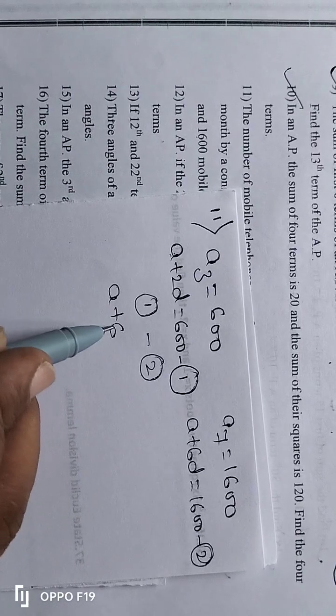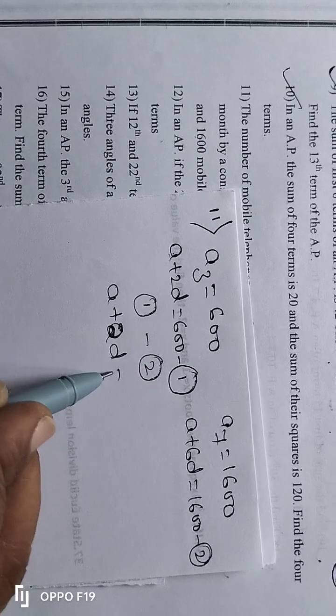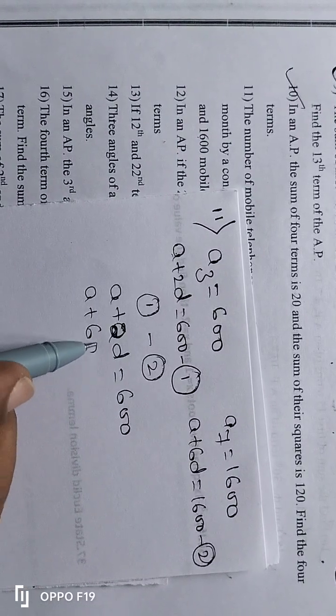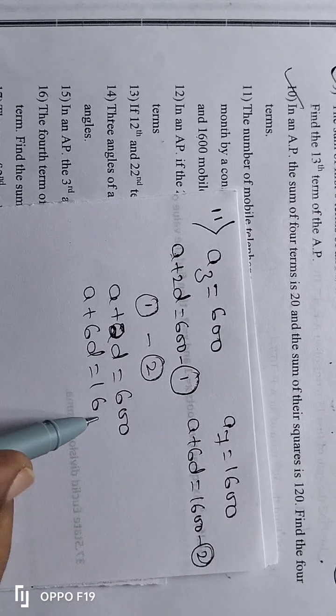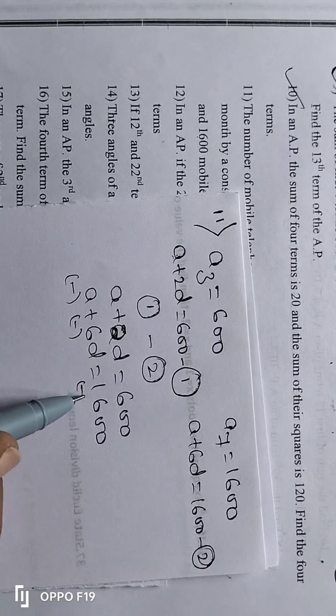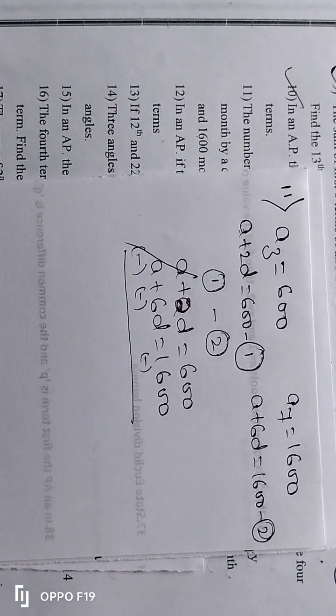So what is equation 2? Equation 1: A plus 2D is equal to 600. Equation 2: A plus 6D is equal to 1600. Plus becomes minus, so A minus A will get cancelled.